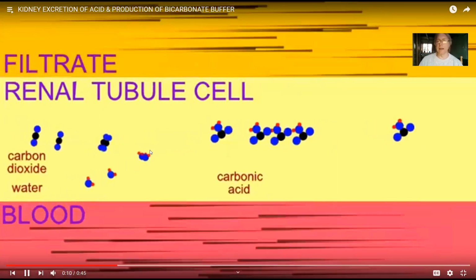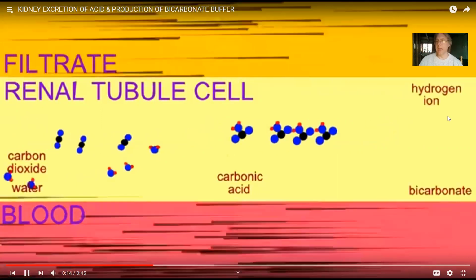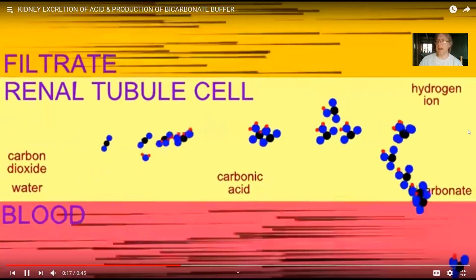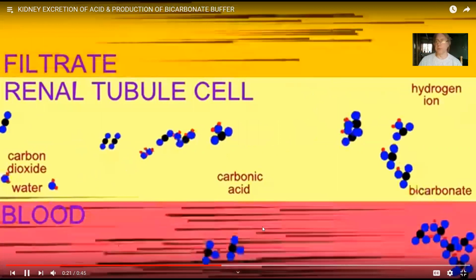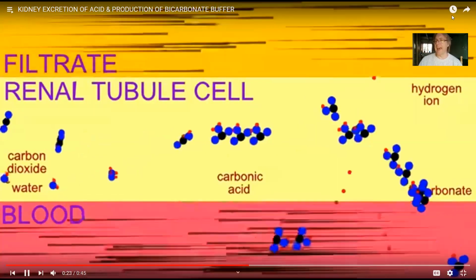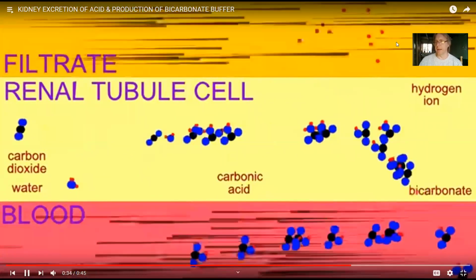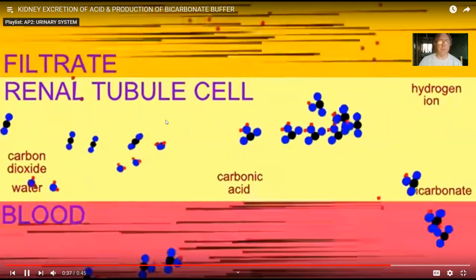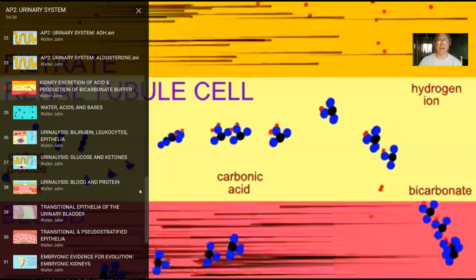They take carbon dioxide and water, put them together to form carbonic acid, and the carbonic acid then splits to make hydrogen ions, acid, and bicarbonate. The bicarbonate goes into the blood where it is a buffer, while the acid can be pumped into the filtrate, which becomes urine. And so acid can be secreted from the body. Okay, and so urine can be much more acidic than the blood it came from because of these mechanisms.